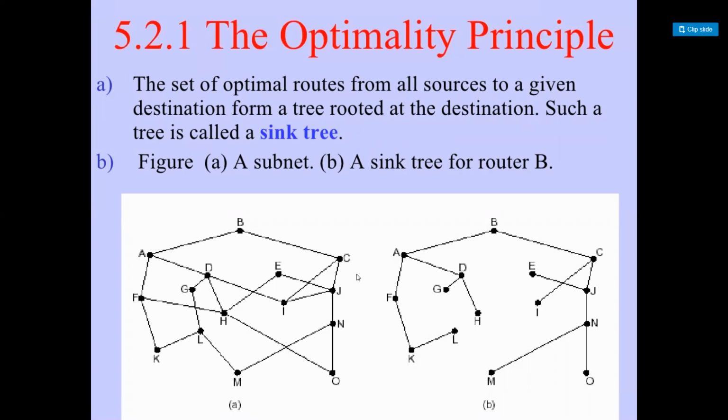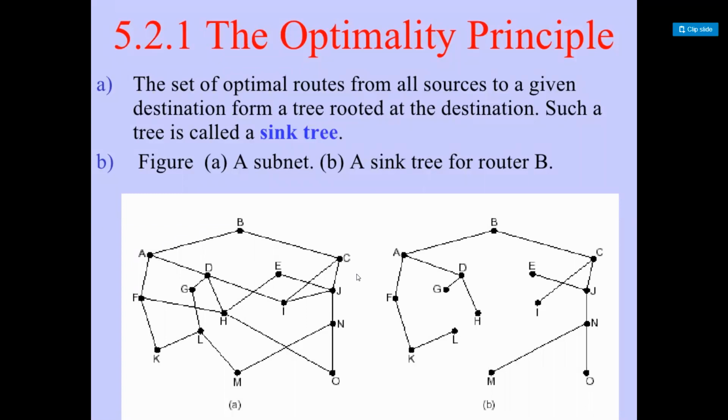First, we need to know what a sink tree is. Suppose we have routers A, B, C, D, E, F, G, H, I, J, K, L, M, N, O. Let's take H as a destination.